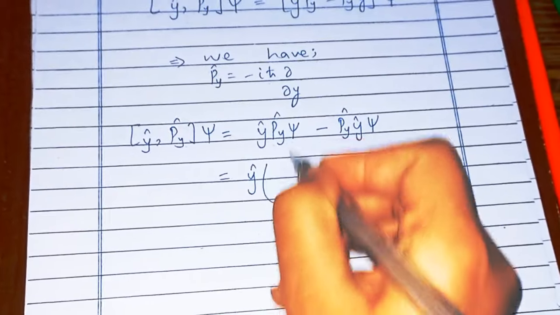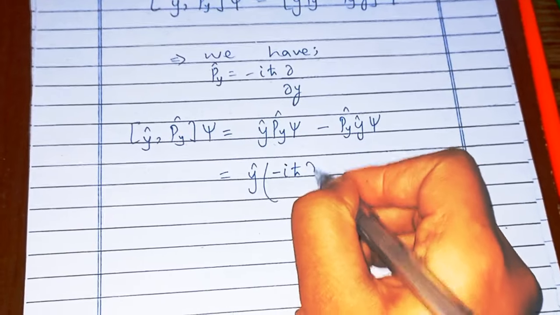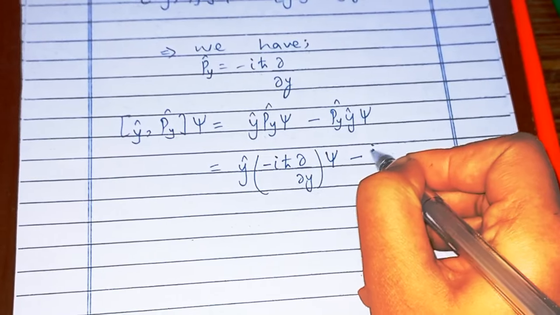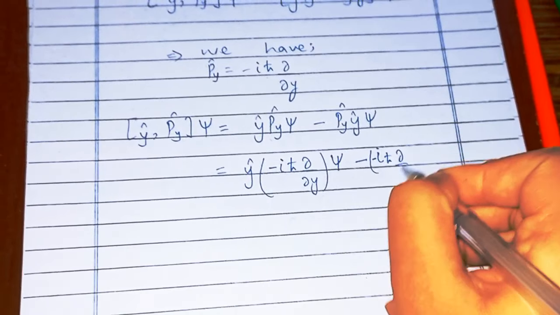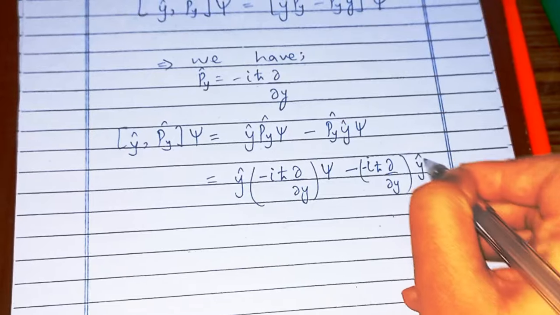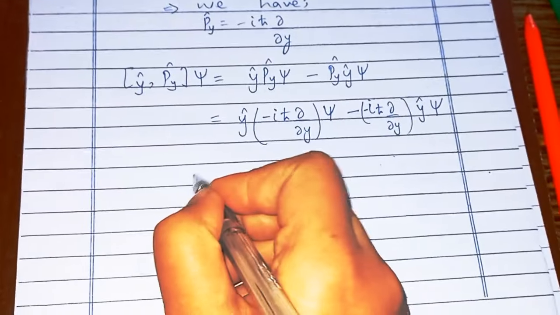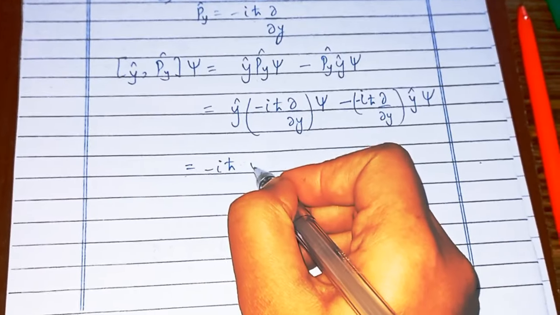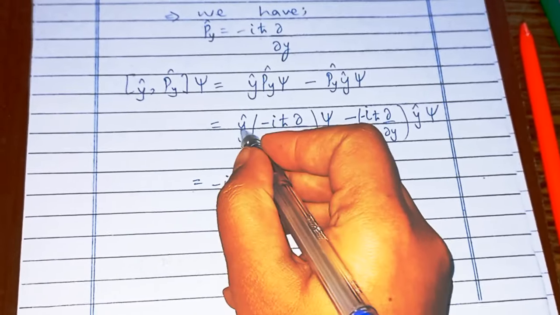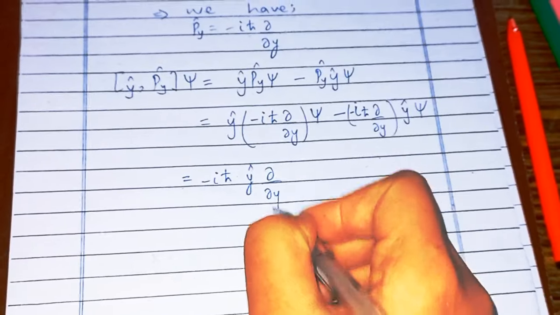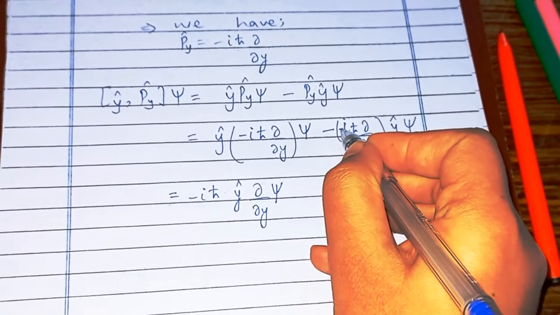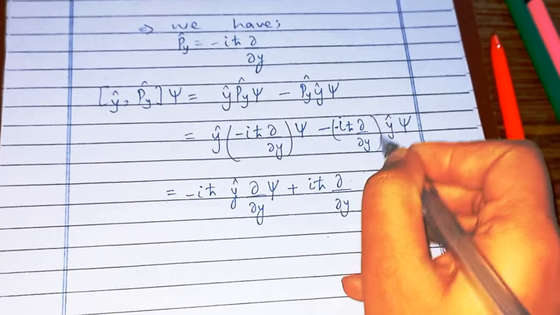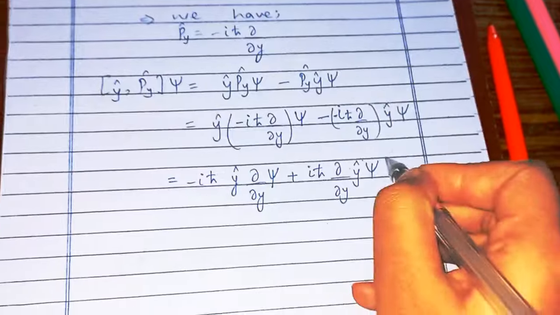Instead of the py operator, we'll be writing minus iota h cut partial by partial y, and it is applying on psi, minus iota h cut partial by partial y instead of py, then the y operator applied on psi. We can simplify, it's minus iota h cut, we can take it out, and it's minus iota h cut, then the operator partial by partial y applied on psi, minus minus plus, so we have iota h cut partial by partial y applied on this thing.